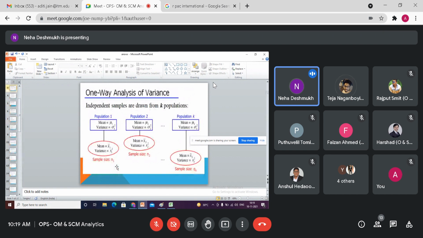Ma'am, can you explain the significance of F statistic? I mean, how do we compare that? When F statistic is greater than F critical value, the test is statistically significant. Statistically significant means whatever you want to prove or check, you will get the conclusion.